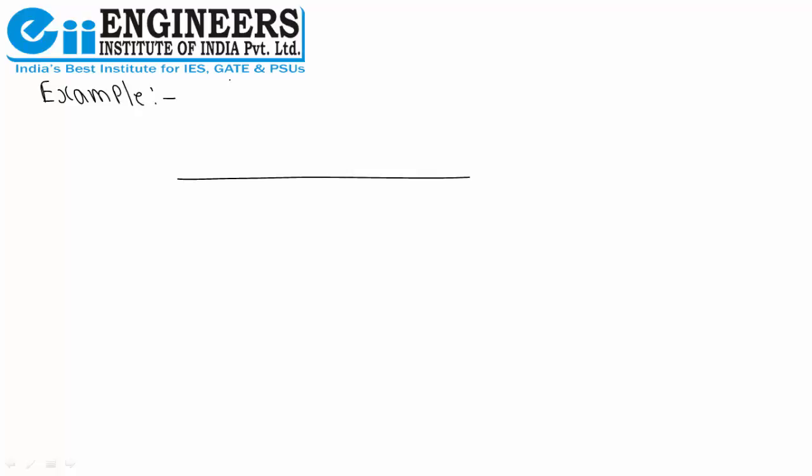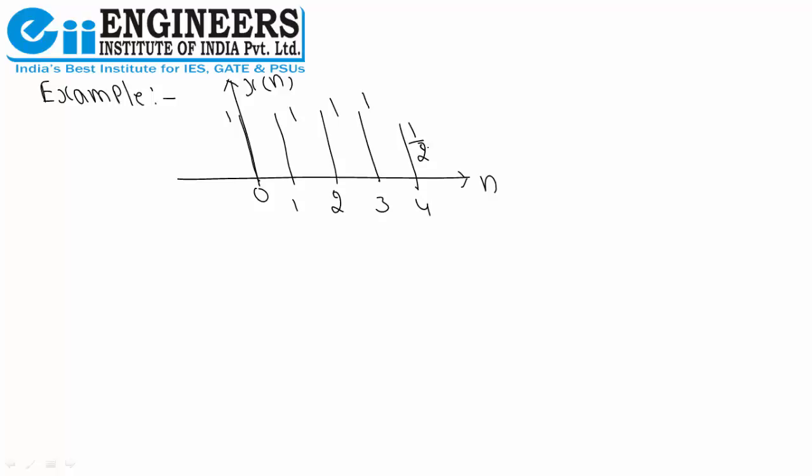Suppose I have taken x[n], defined at n equal to 0 with amplitude 1, at 1 also 1, at 2 it is 1, at 3 it is 1, and at 4 it is 1/2. So there are a total of 5 samples.